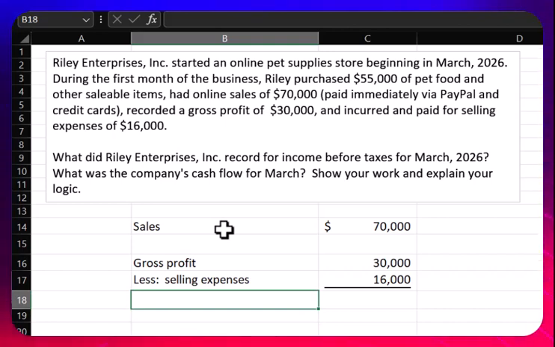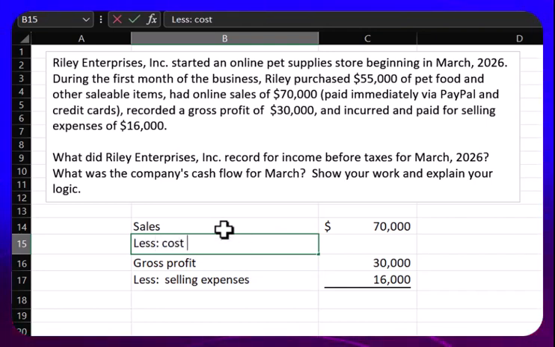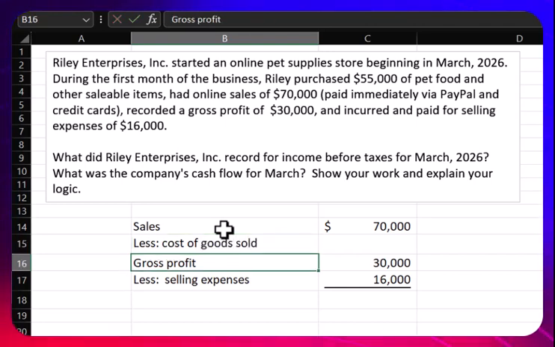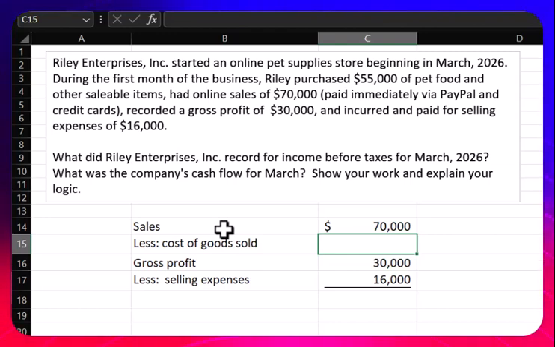Now, sales less cost of goods sold gives us gross profit. So we can solve that right here. If they gave us sales and gross profit, then we know cost of goods sold would be the difference.